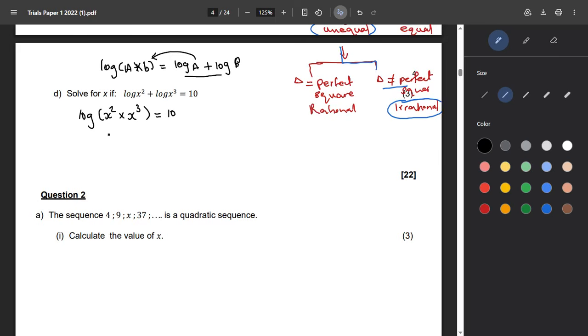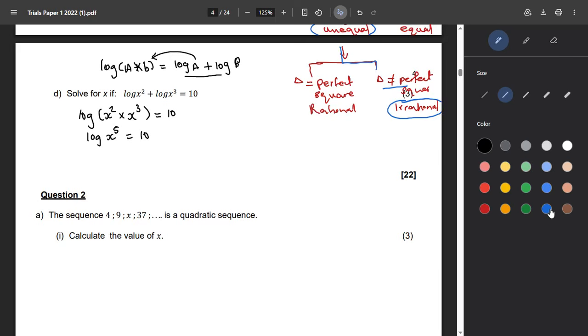So look at what is happening inside. The bases are the same, so I'm going to add the exponents. This is what I have. So from this point, we can take the log on both sides, or we can make x the subject of the formula.